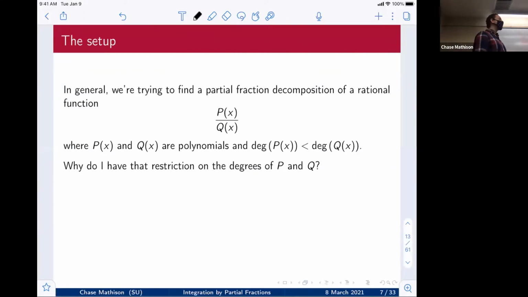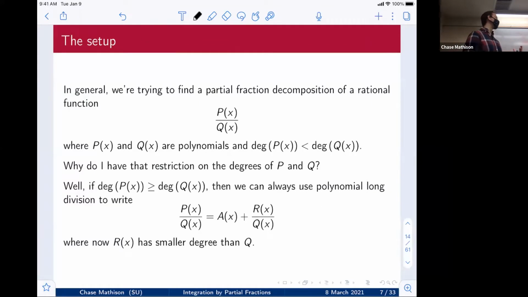Okay, why do I have that restriction? Well, if you're given a rational function where the degree of the top is bigger than the degree of the bottom, you can just use polynomial long division to rewrite that as some polynomial plus r of x over q of x, and then this rational function does satisfy that the degree of the top is smaller than the degree of the bottom.